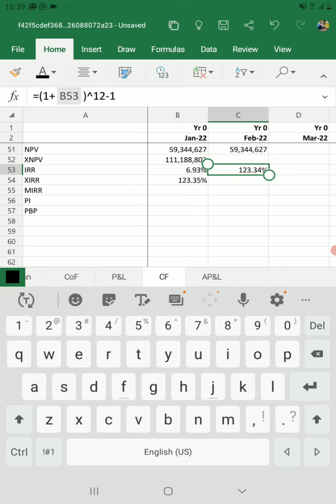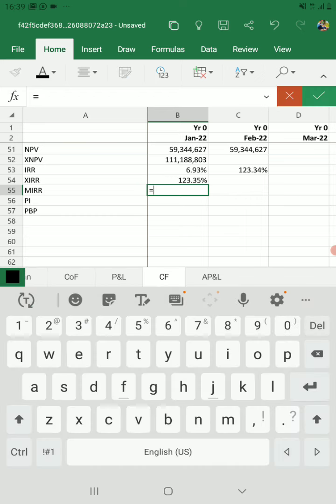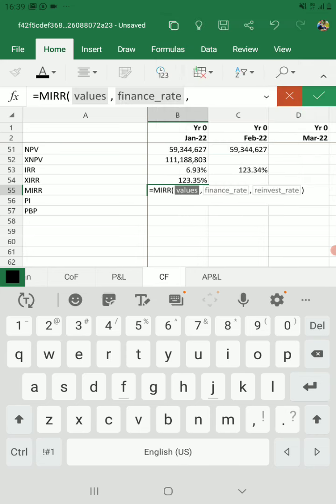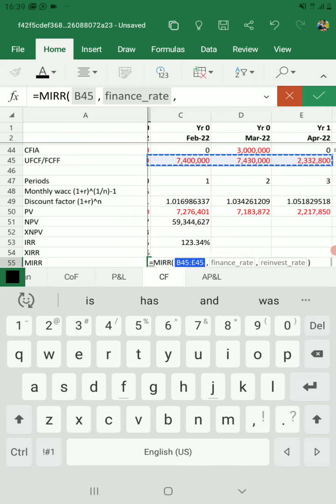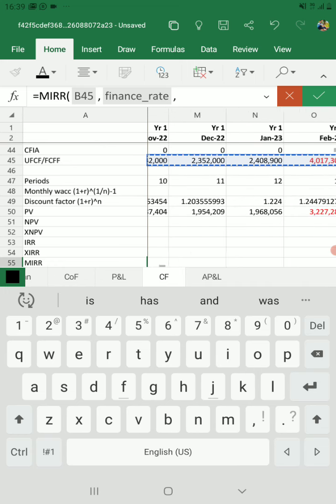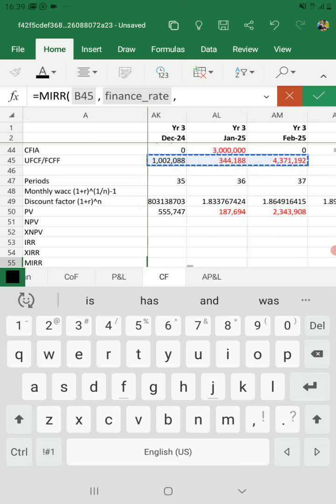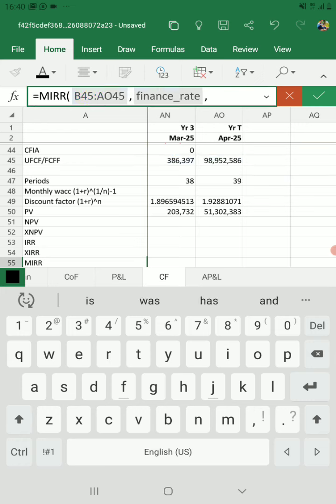Okay. Then the modified rate, start with equal sign and use MIRR, this one. So values, again we take our unlevered free cash flow from year 0 up to the end of our projection period. Here, and then finance rate.